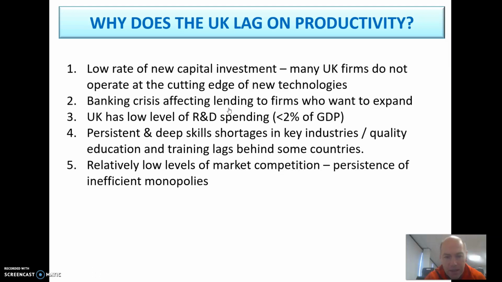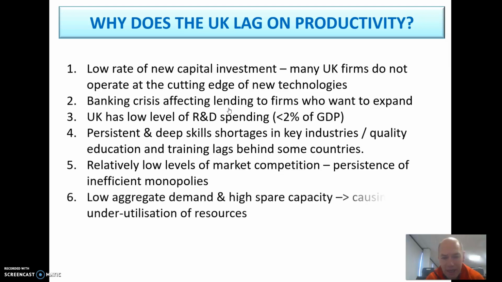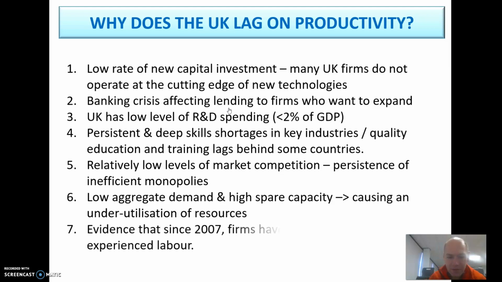And in some markets, we have relatively low levels of competition, and that means that firms that are dominant, perhaps monopolies, but sometimes markets dominated by just a few large firms, and that obviously can mean weak competition as well. Sixth, we've got low aggregate demand and spare capacity, and that means that actually what we're doing is we're underutilizing some of our resources.